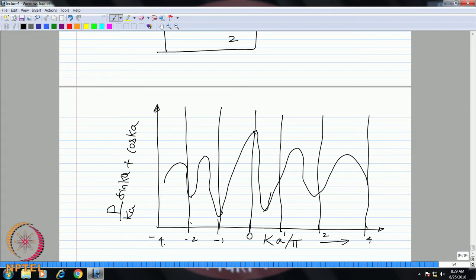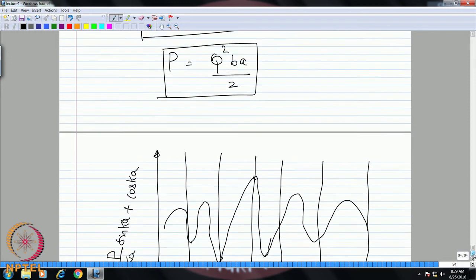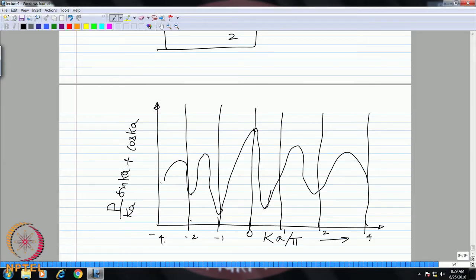Okay. Now, on the right hand side what do we have? Cos kappa A. What will be the minimum and maximum value for this function? Plus 1 and minus 1. So, if you plot plus 1 and minus 1, this will be somewhere roughly like this: 0, plus 1, minus 1.